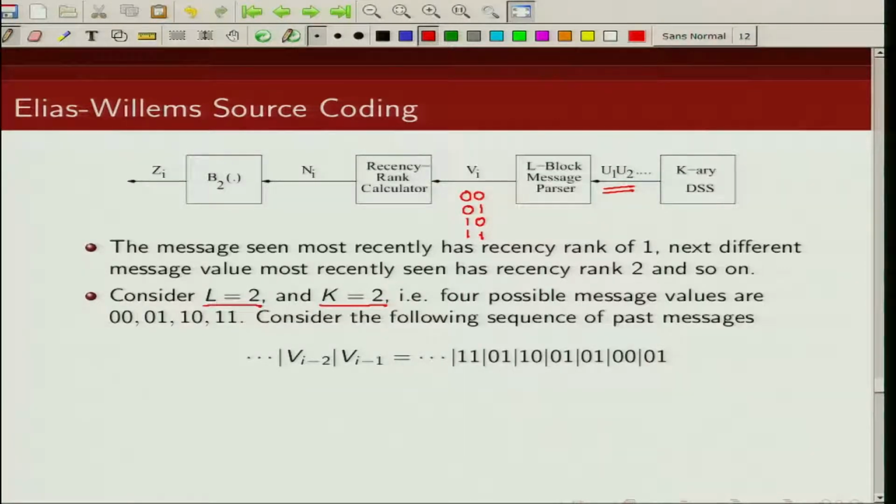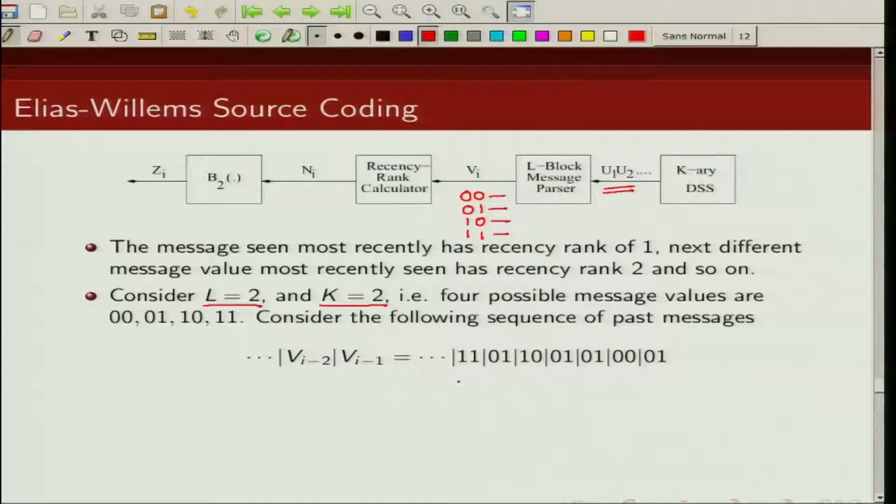Now, what this recency rank calculator will do is look at the occurrence of these among the past sequence, and whichever sequence occurs most recently will be given a recency rank of 1, then the next one will be given recency rank of 2, the third one will be given recency rank of 3, and similarly the last one will be given recency rank of 4.